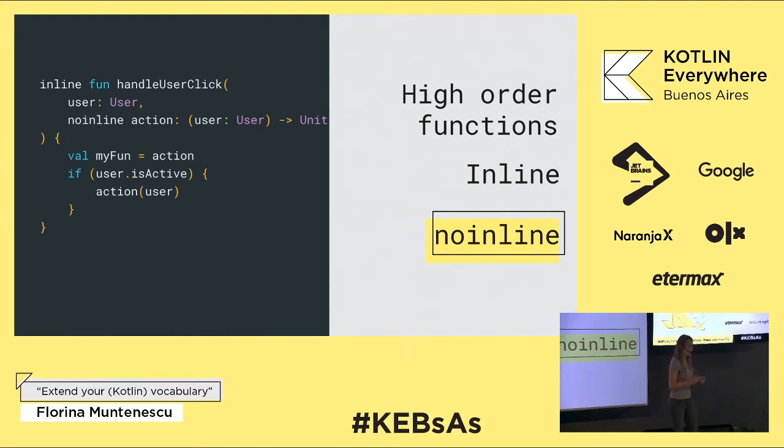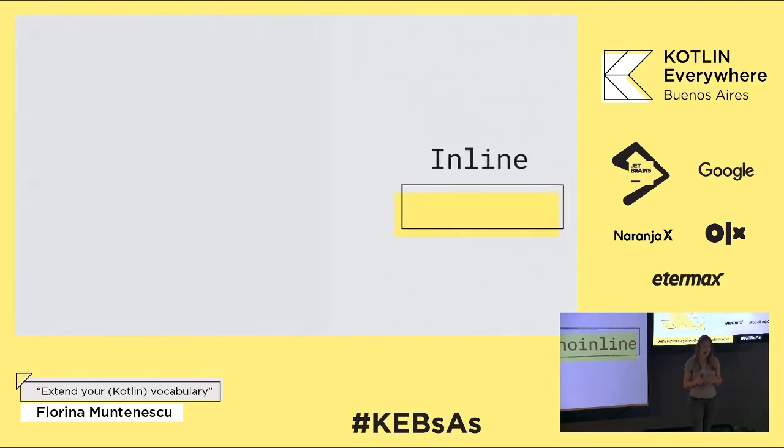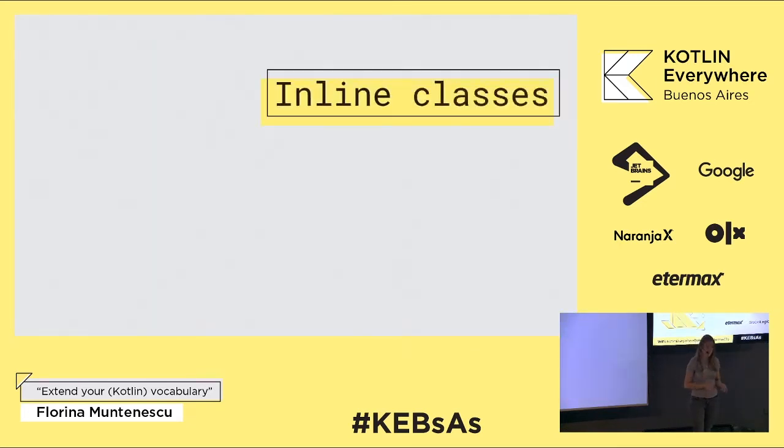Okay, if you haven't had enough of the word inline, we're going to talk more about inline, but this time about inline classes. A word of warning: inline classes are experimental. So what I'm telling you now might change tomorrow, or whenever a new version of inline classes is released.